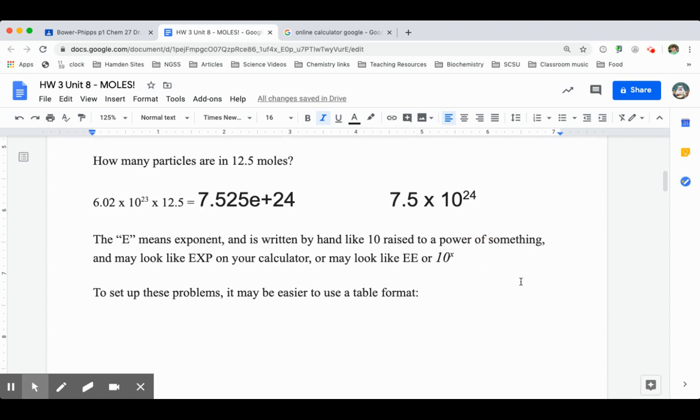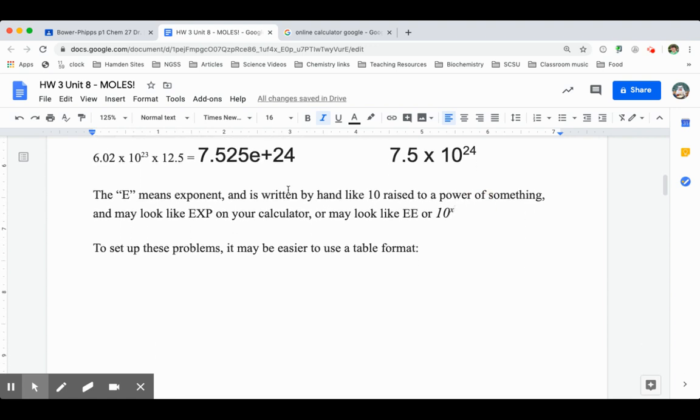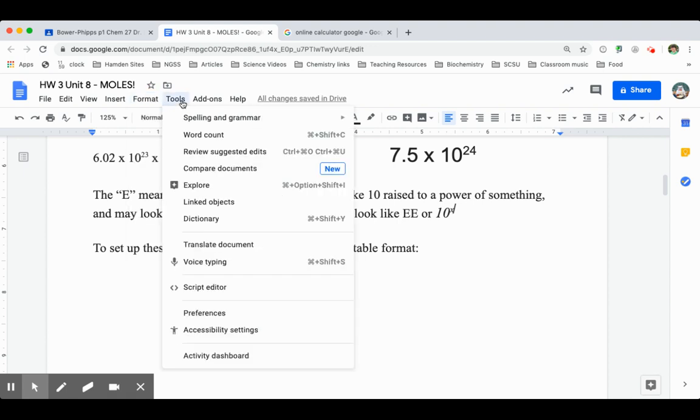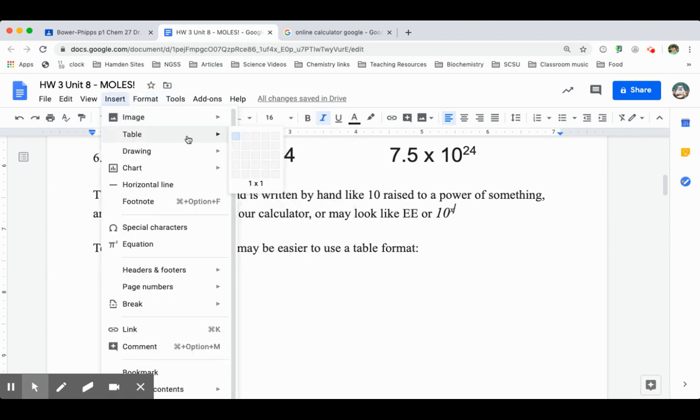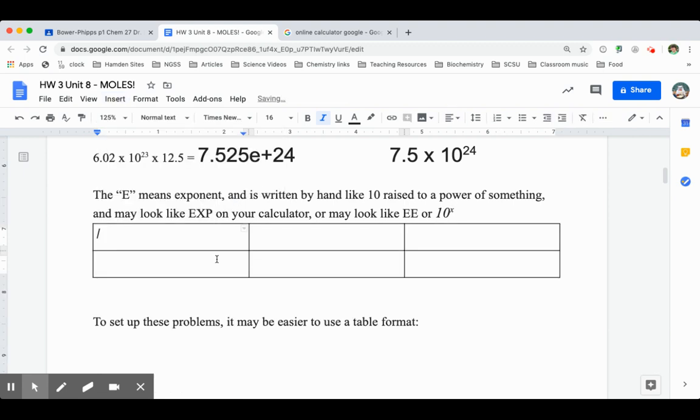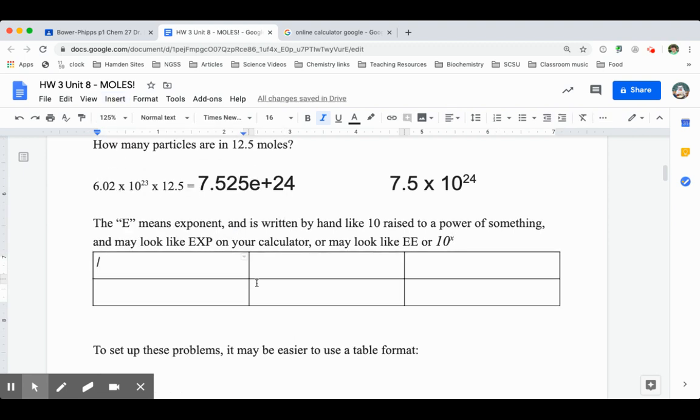It might be easier to set up these problems using a table. We can insert a table here. This means that we have 6.02 times 10 to the 23rd particles in 1 mole.